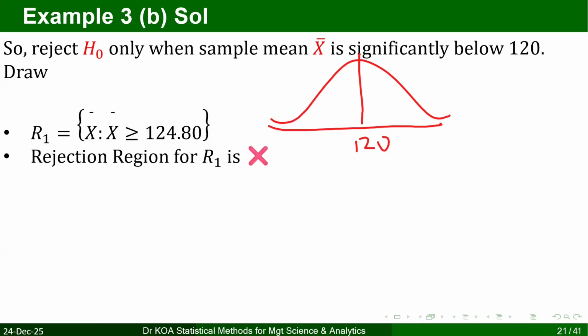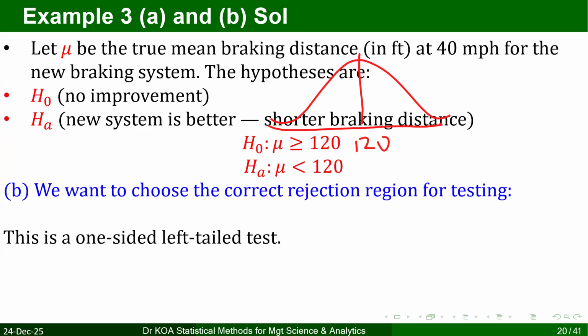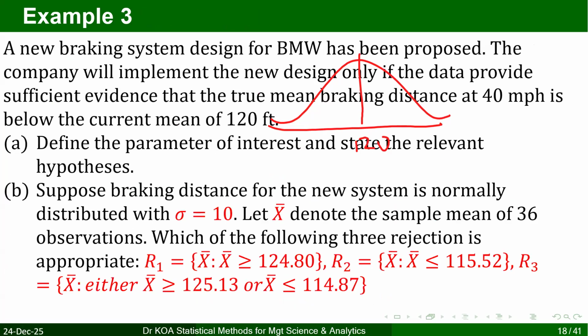Okay. So let me just go back here. We want to choose. What was the question? It says, which of the following three rejection regions is appropriate? All right.